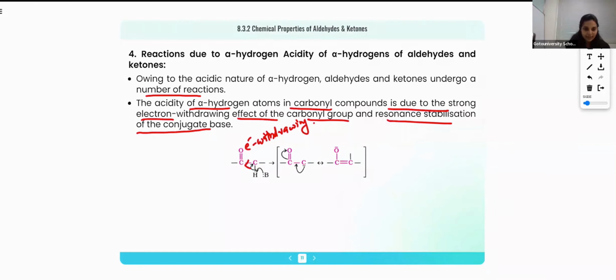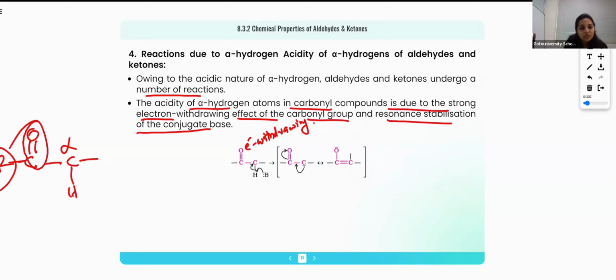I will write here separately, otherwise it will be confusing. See, C double bond O. Some other groups are there. R group is there, and this is the carbon. This is the alpha carbon. I am considering only this carbon, the alpha carbon. This side also alpha carbons are there, leave it. Here this carbon is the alpha carbon. Some other bonds are there. So the CO bond is an electron withdrawing group, I told you.